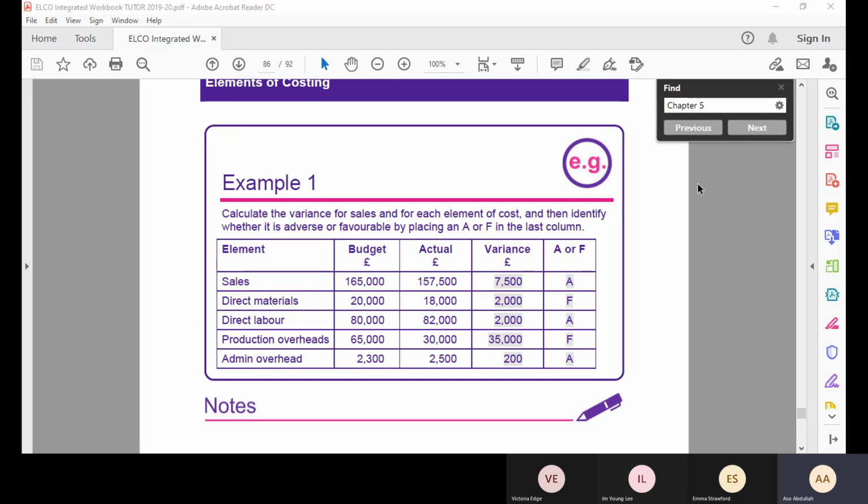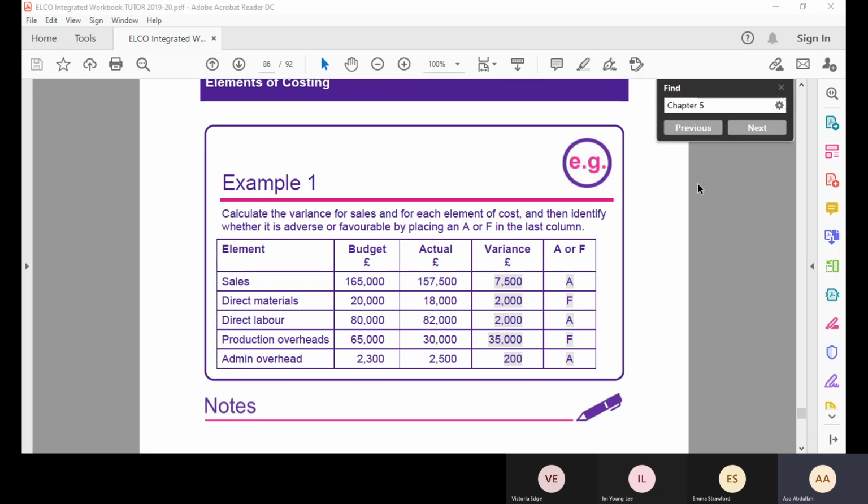So for elements, we have sales. Sales is income. Then we have material, labor, production overhead, admin overhead. These are all expenses.